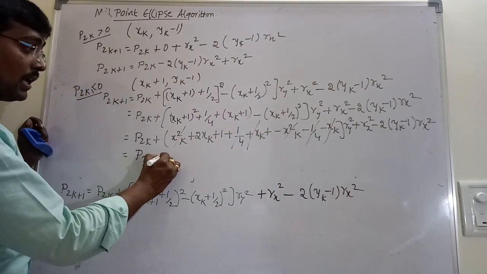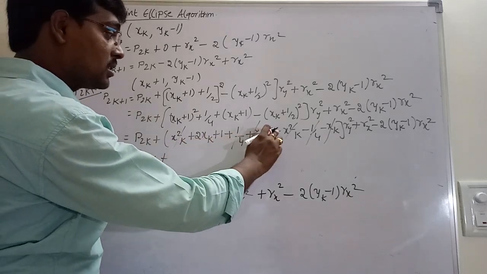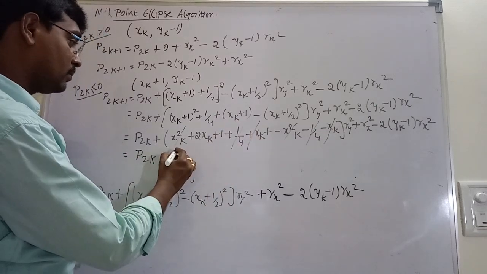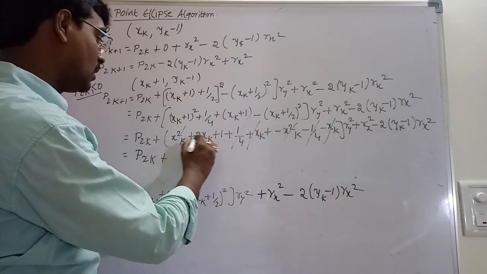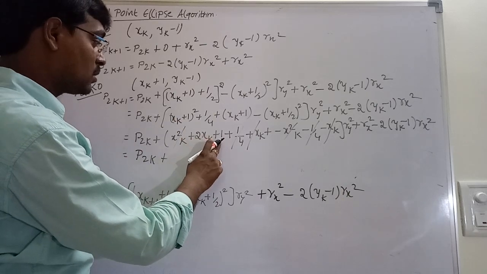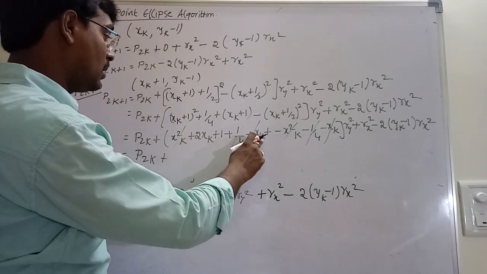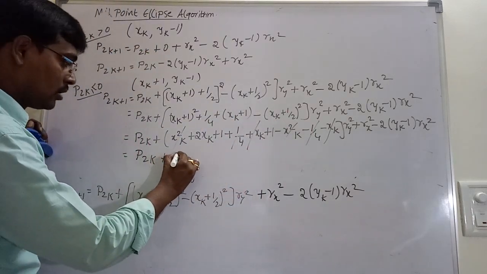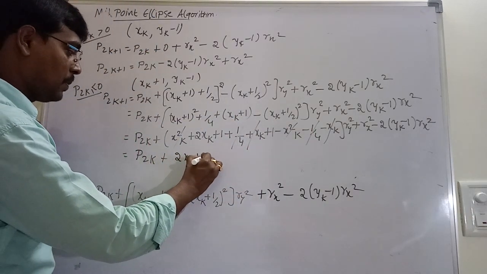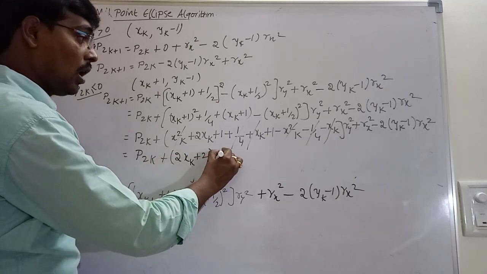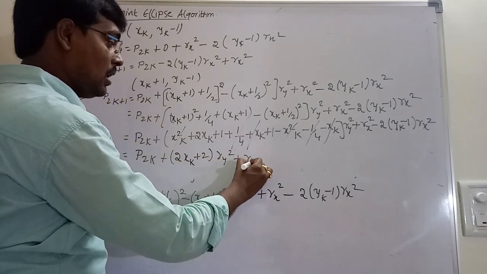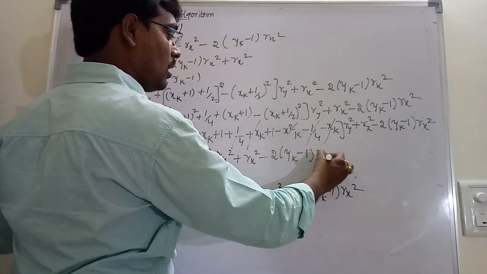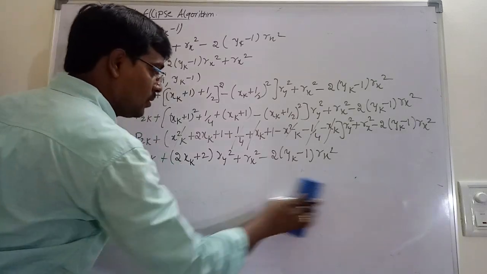Finally 1 plus 1 is 2. So 2 into xk plus 2 into ry square plus rx square minus 2 into (yk minus 1) rx square. This is the final equation.